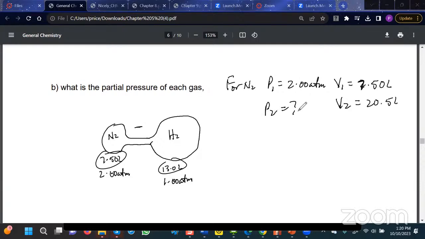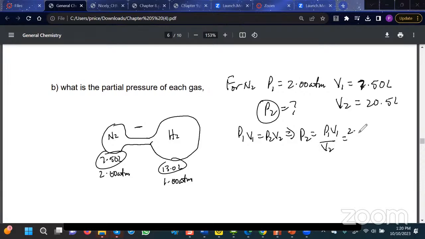So what equation comes to mind based on what we have right there? It's a gas law. What gas law comes to mind? Boyle's law, right, exactly. Boyle's law says that P1 V1 is equal to P2 V2, right? What the question is asking for is P2. So P2 is equal to P1 V1 over V2, and then all you have to do is put the numbers in.